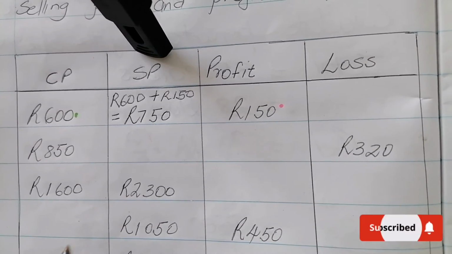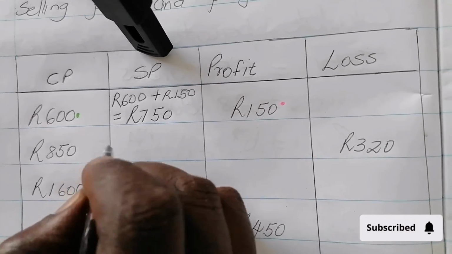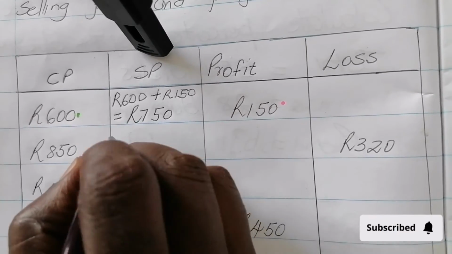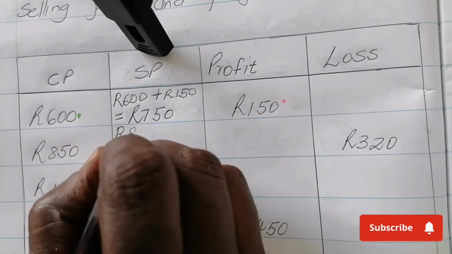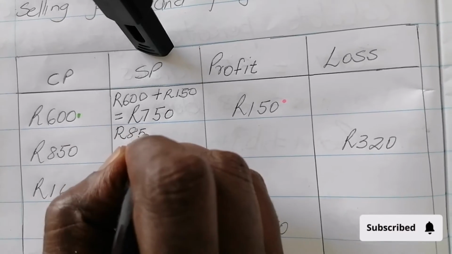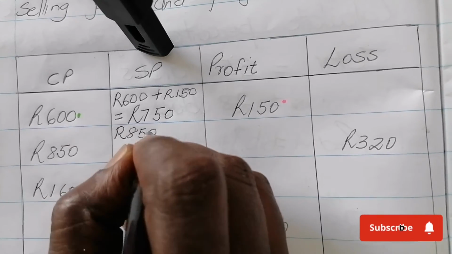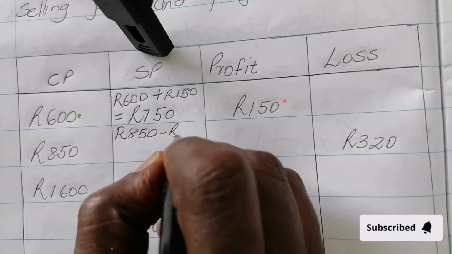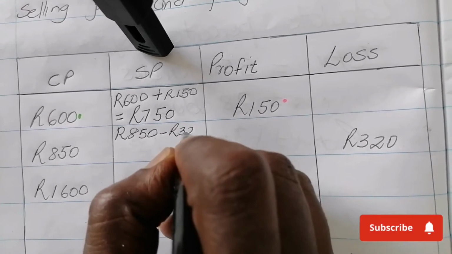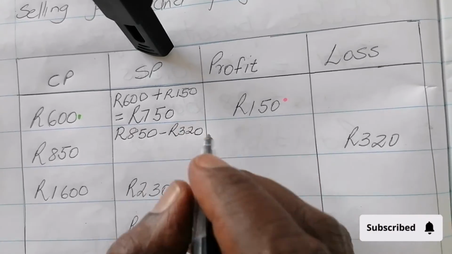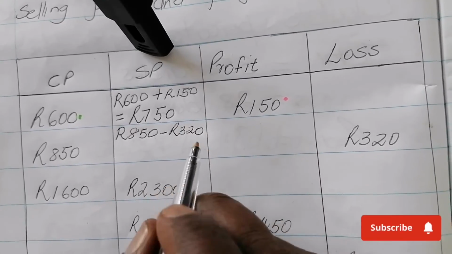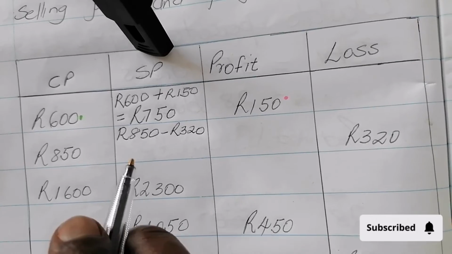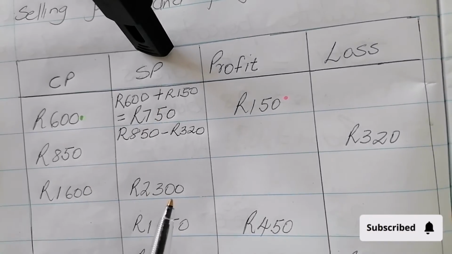So what we are going to do here is to say 850, which is the cost price, less 320, which is the loss, so that we can find the selling price.